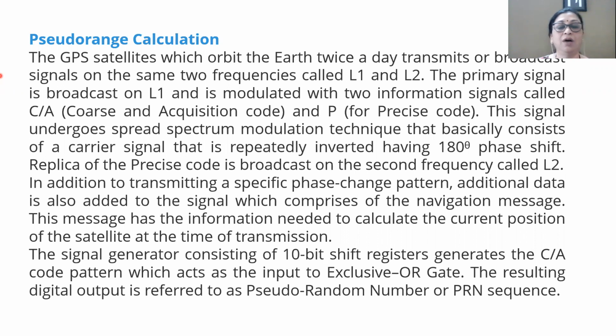And how is this spread spectrum modulation carried out? The carrier signal, which is specified by L1, is repeatedly inverted with a 180-degree phase shift. That means phase shift keying type of modulation is used, and after PSK, the codes are impressed over this carrier signal.